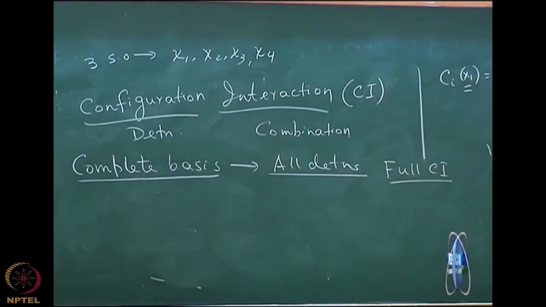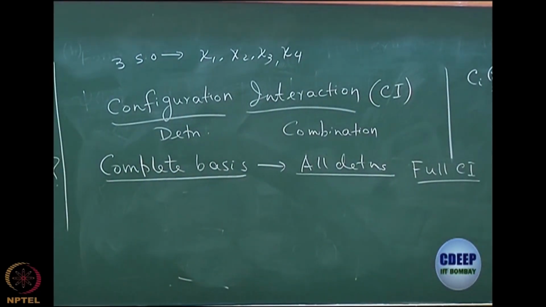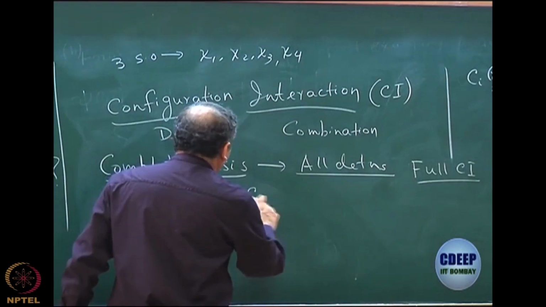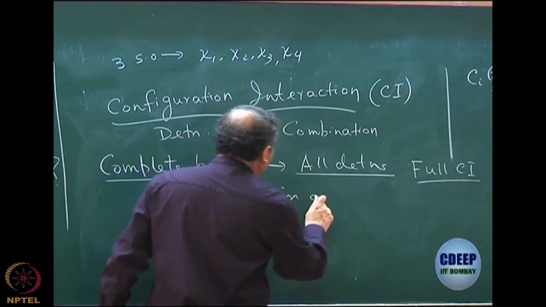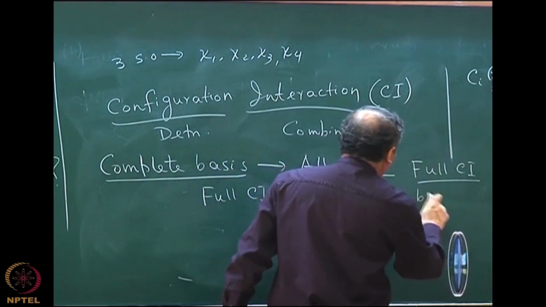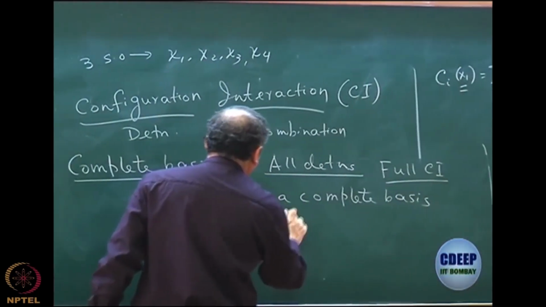Full means you have taken all possible determinants in a complete basis, and then full CI in a complete basis is exact. I repeat, full CI in a complete basis is exact. This is an exact wave function because now there is no more error.